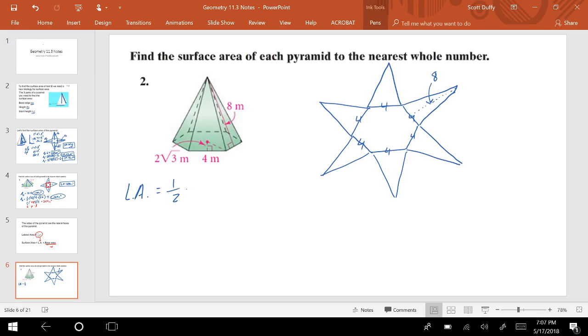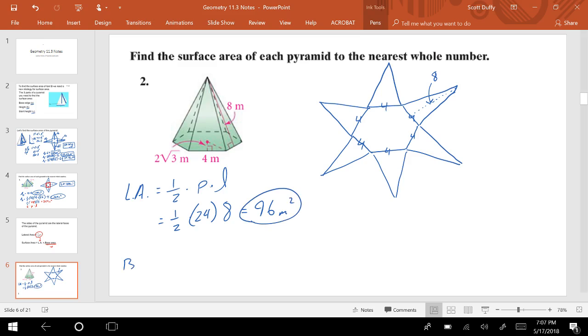Now my perimeter is 4 plus 4 plus 4 plus 4 plus 4 plus 4, or basically 4 times 6, which is 24, times the slant height of 8. And I get 96 as the area in square meters of all of those triangles put together.